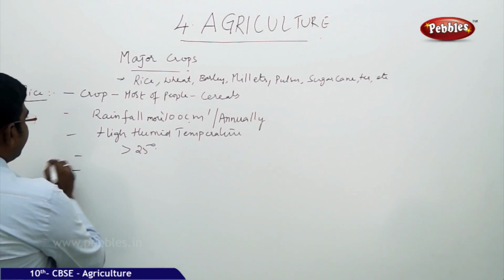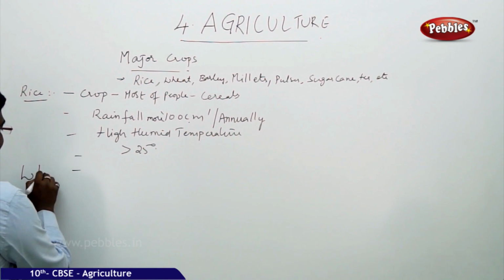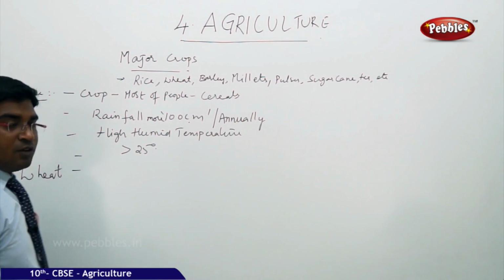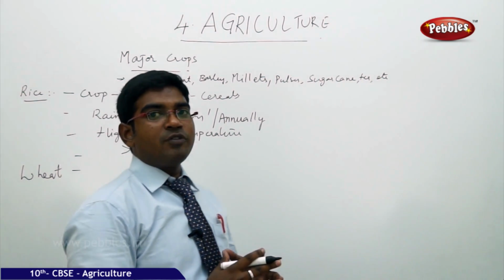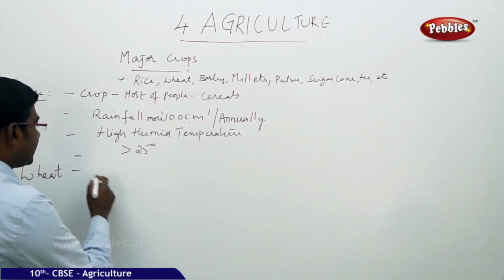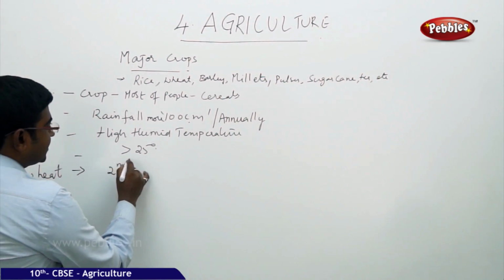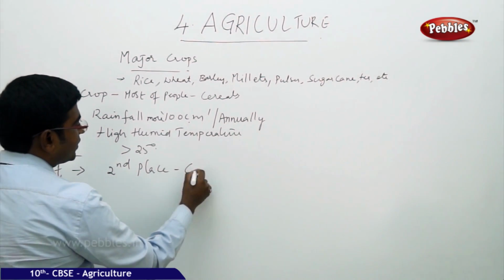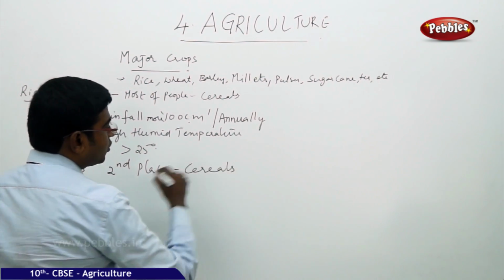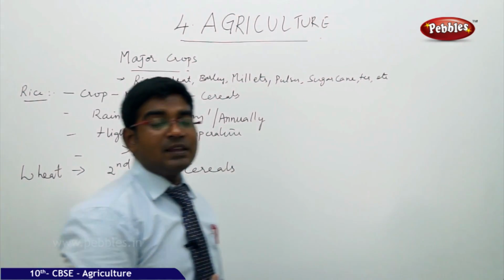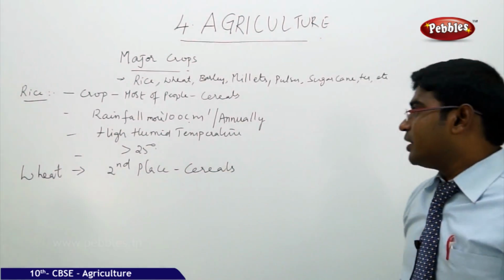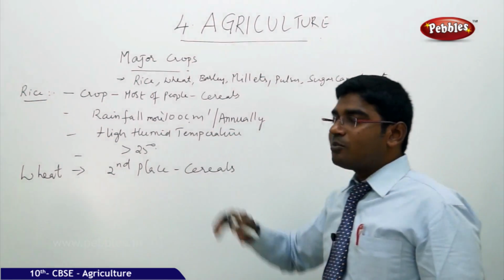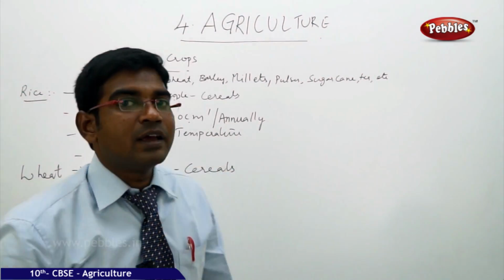And later, when we move on to the next crop, what we have is wheat. We produce wheat in large quantities, and wheat stands in second place in the major list of cereals grown in India, because it doesn't require as much rainfall as rice.